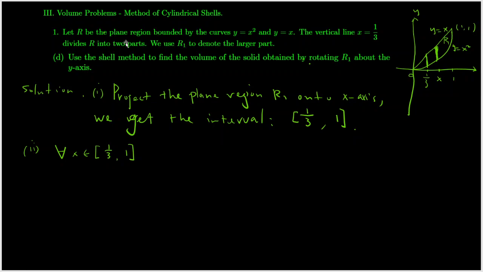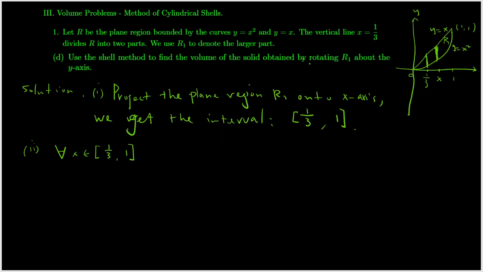Originally we wanted to compute the volume of the solid obtained by rotating R1 around the vertical axis, the y-axis. So in order to get the whole solid, we rotate this little line segment. Later on, I'm going to make more comments, but temporarily, you just imagine you rotate this very thick line segment around the vertical axis.